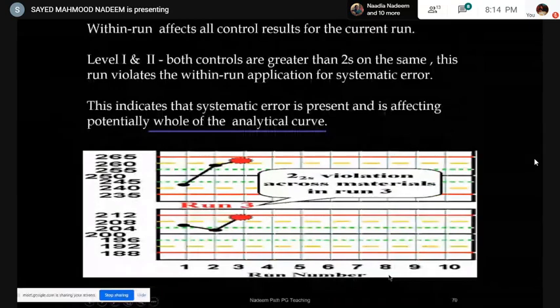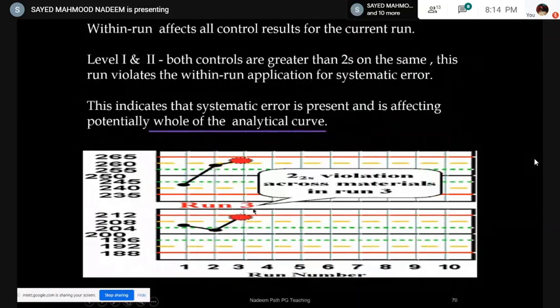You can see here, this is level 1 and this is level 3. On 3rd of June, level 1 gave a 2SD deviation and level 3 also gave a 2SD deviation. So there were 2 2SD within the run, across material. This is a systematic error and this is a rejection. So you cannot go ahead with this.